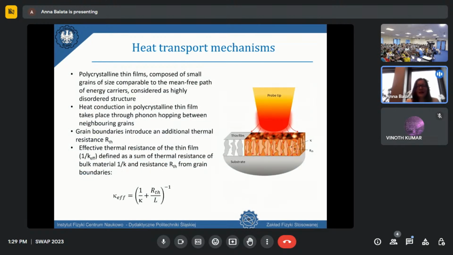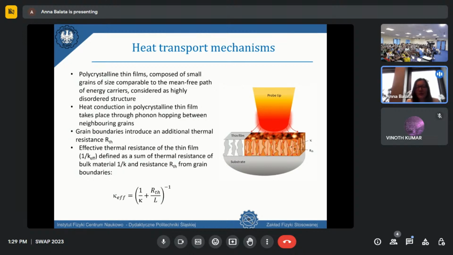We can say that polycrystalline films composed of small grains, if we compare size to the mean free path of phonons, are considered as highly disordered structure, and the heat is conducted as a phonon hopping between neighboring grains.